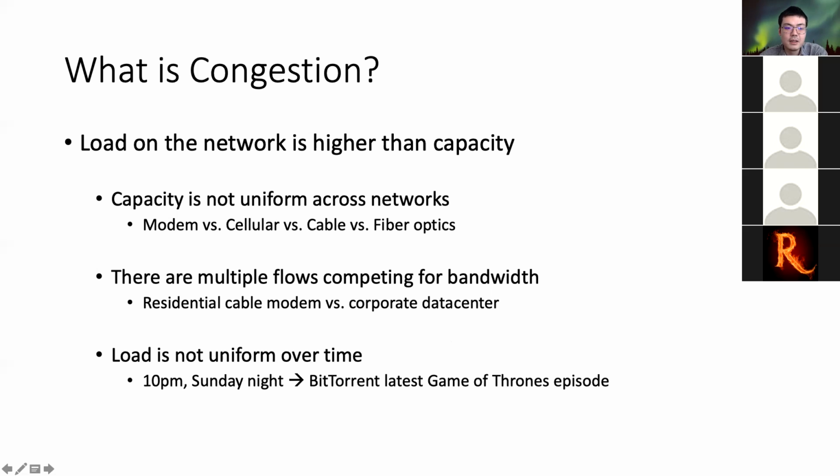But for example, with a new episode of Game of Thrones, when everyone is downloading it at that designated time, congestion will happen. Similarly, during peak hours when people are using the network, congestion can happen, but at other times maybe there's none.